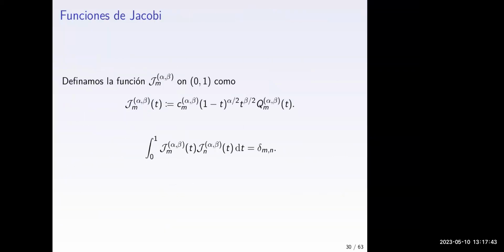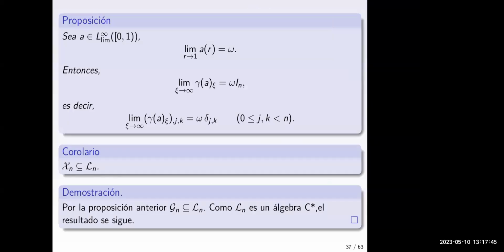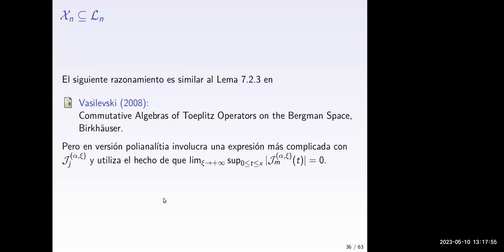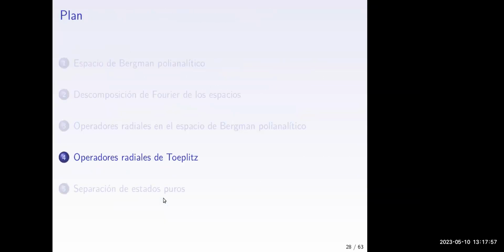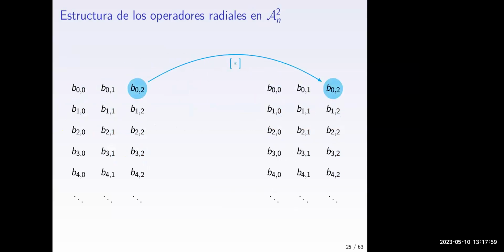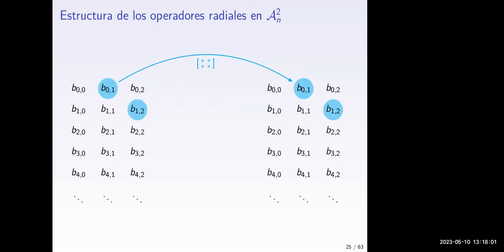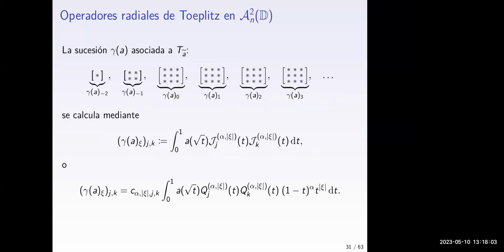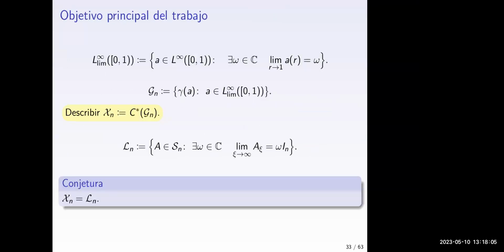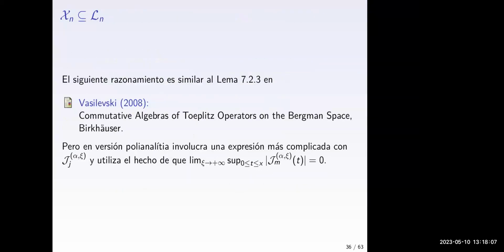And of course, we have as a corollary the other inclusion, because in the last proposition we know that we have this containment.